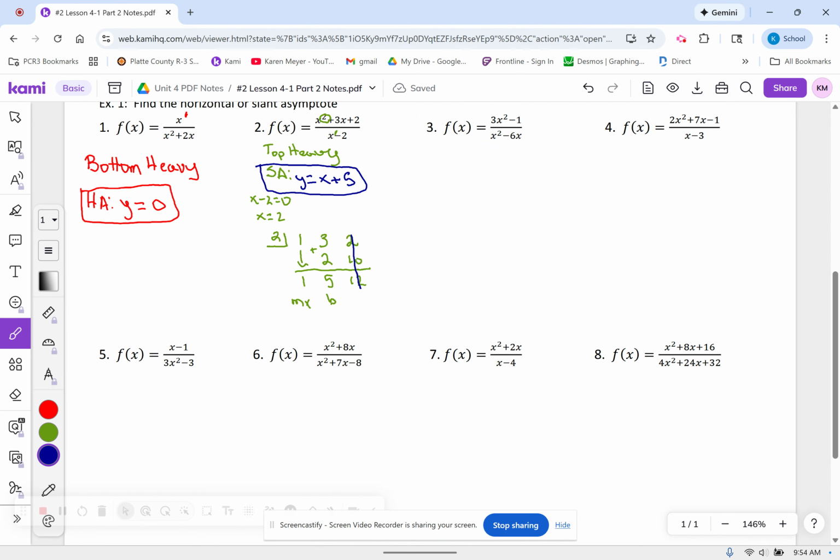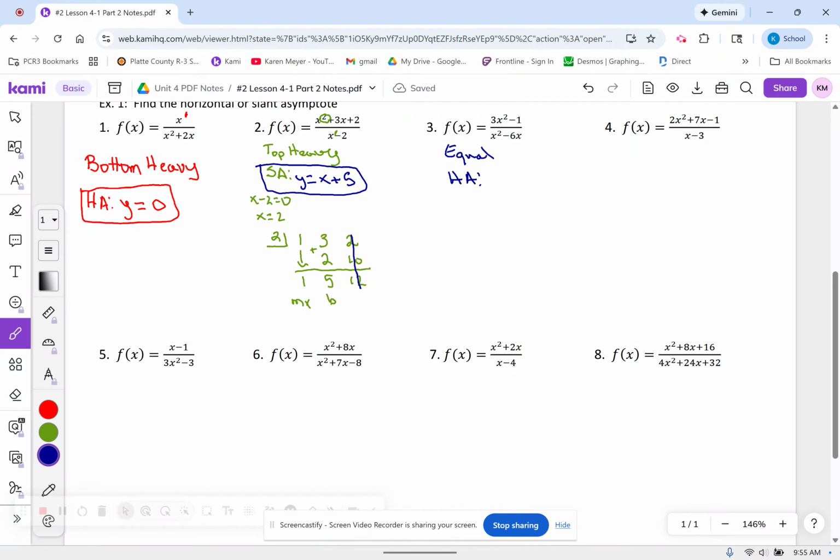Then if you go to the third one, if you compare your degrees, your exponents, you're going to notice you have a 2 on top and a 2 on the bottom, and those are identical. So this one is equal. If they are equal, that is HA, and when it's equal, you go coefficient over coefficient.